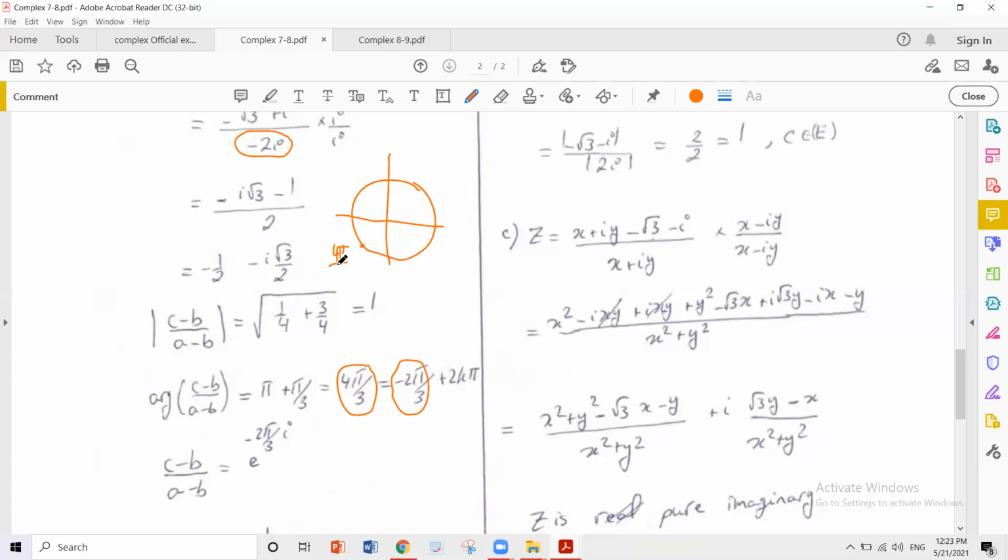If we read it from the positive, 4 pi over 3 from here to here. If we take the clockwise or the negative direction, it will be minus 2 pi over 3. It is the same.